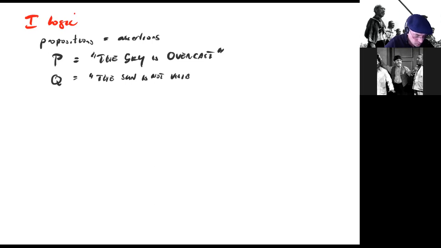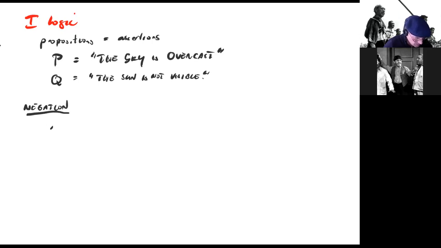Of course, these are not equivalent statements, right? Because, for example, it might be nighttime, so the sun is not visible for a different reason, even though the sky may be clear. There is also the notion of negation. You can take a proposition and negate it.